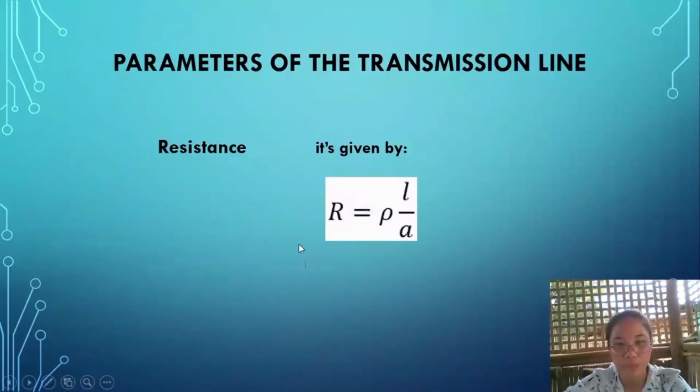So it's given by R equals ρ times L over A, where ρ denotes the resistivity of the conducting material, L denotes the length of the transmission line, and A denotes the cross-sectional area of the line.